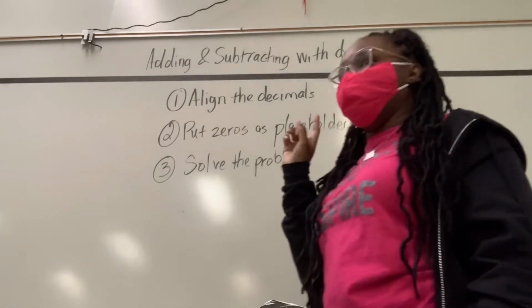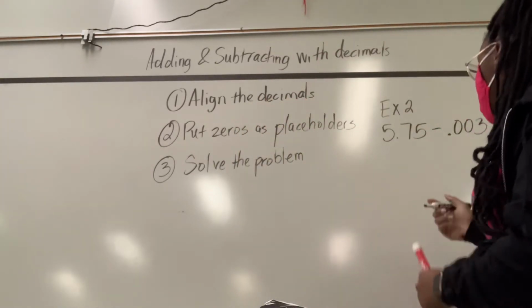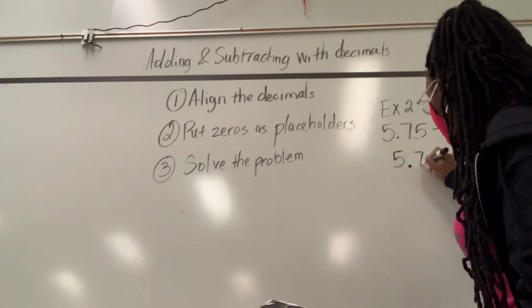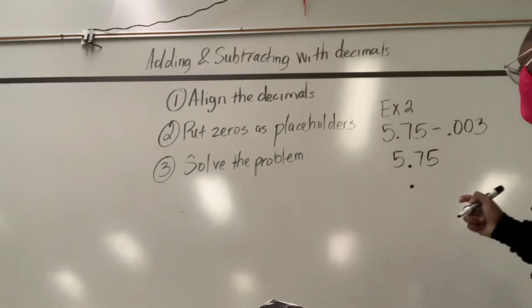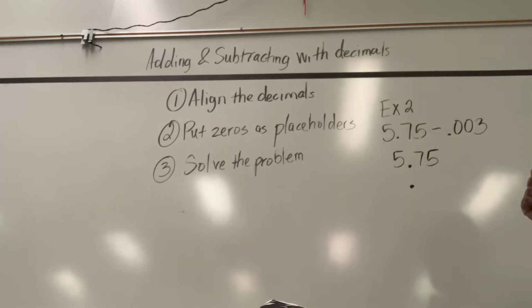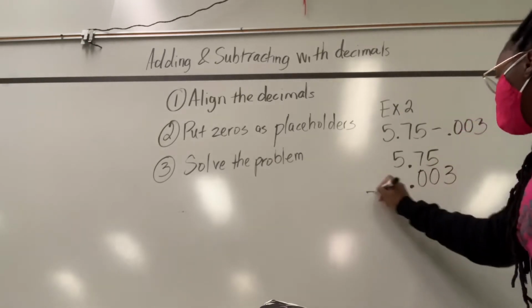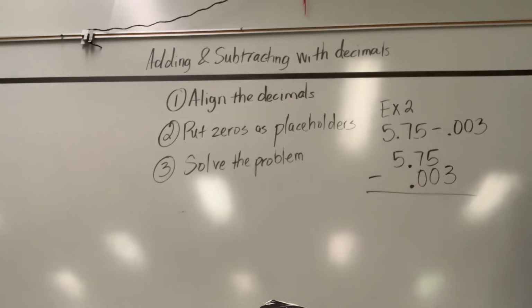What do we have to do? Line them up, right? Align the decimals. So I see the decimals here, 5, 7, 5. I put that other decimal here, right? Numbers are before or after? After. So 0, 0, 3. And it's a subtraction problem. I just rewrote the problem, right?